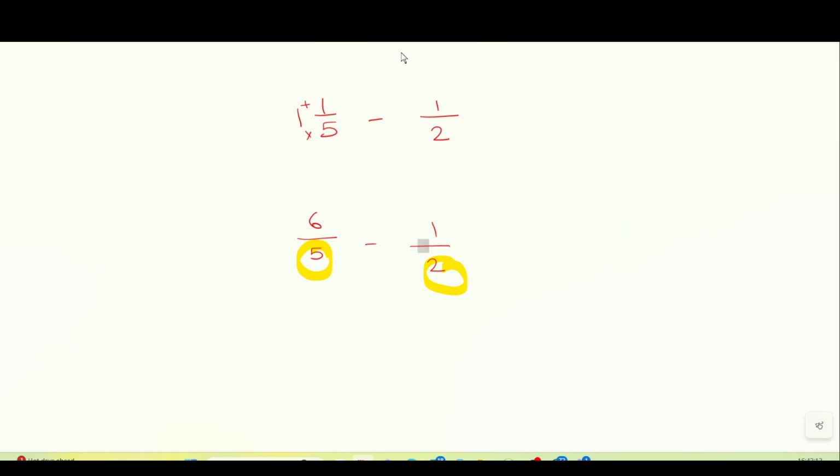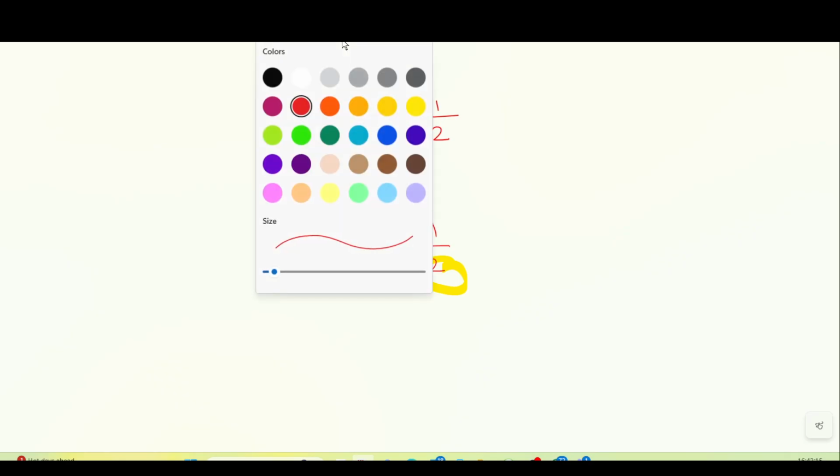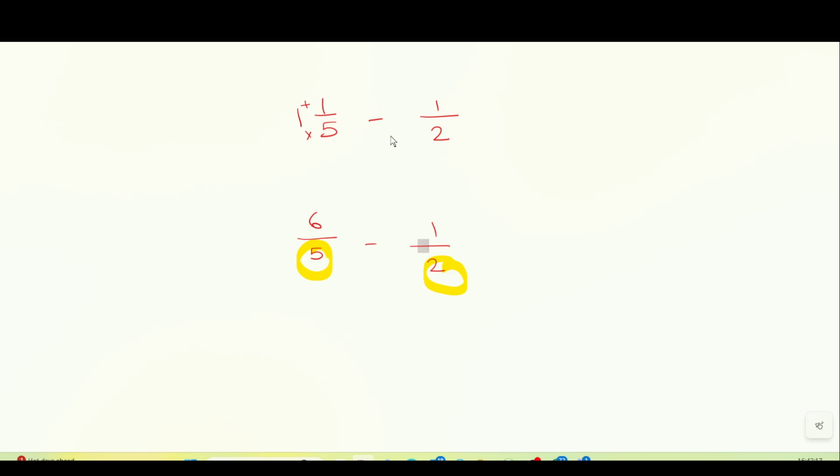How do we make the denominator the same in this case? I can multiply this by 2 and this by 5, and with the same number I have to multiply my numerator. So this will become 12 over 10 minus 5 over 10. You can see we have the same denominator, 10 and 10. Write it as it is, just subtract the numerators. So 12 minus 5 is 7 over 10, and that's our answer, 7/10.